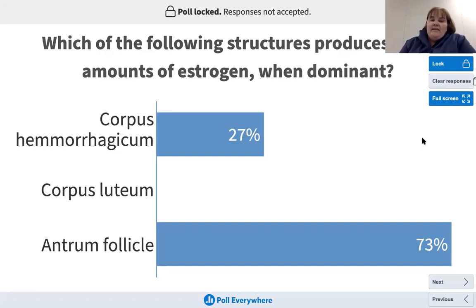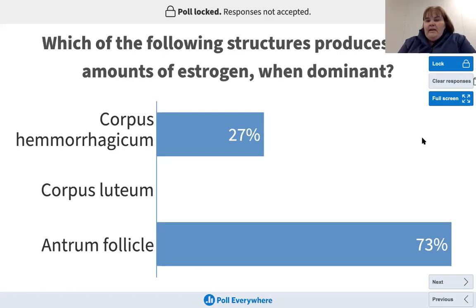It does that so bacteria can't get in, and also so that the embryo, if it's successfully fertilized, can't get out of the uterus. We're going to spend lots of time throughout the semester talking about sources of hormones and effects of hormones on their target tissues, and this is a good way to start thinking through some of these concepts.